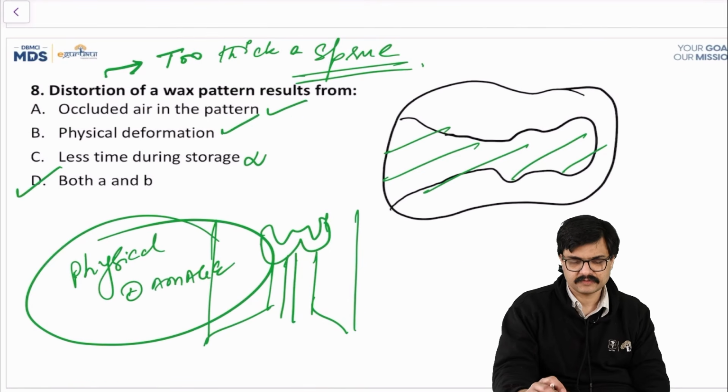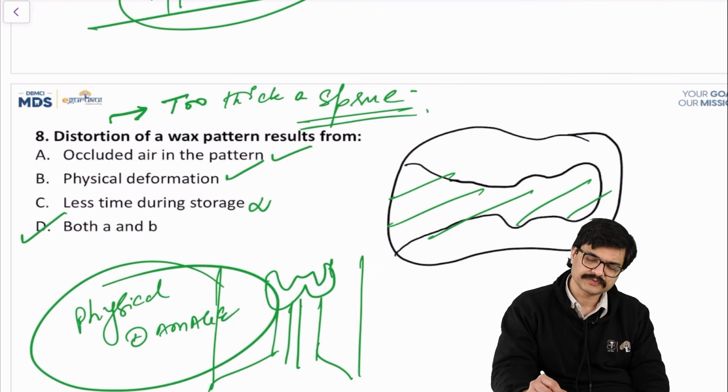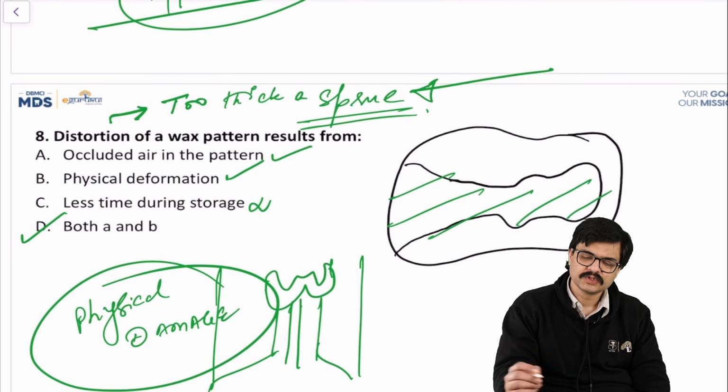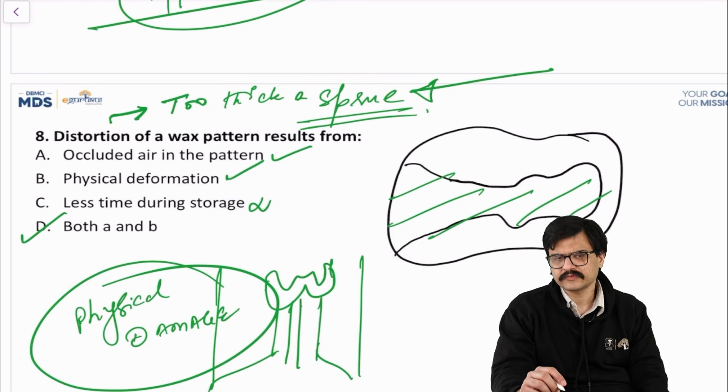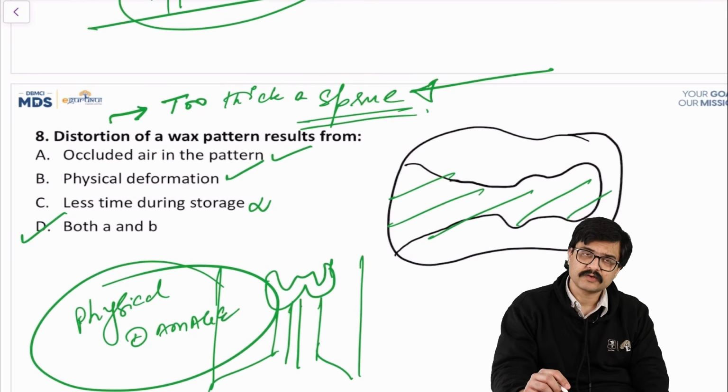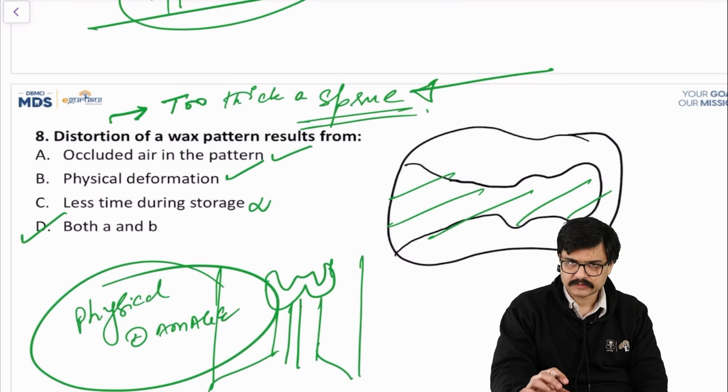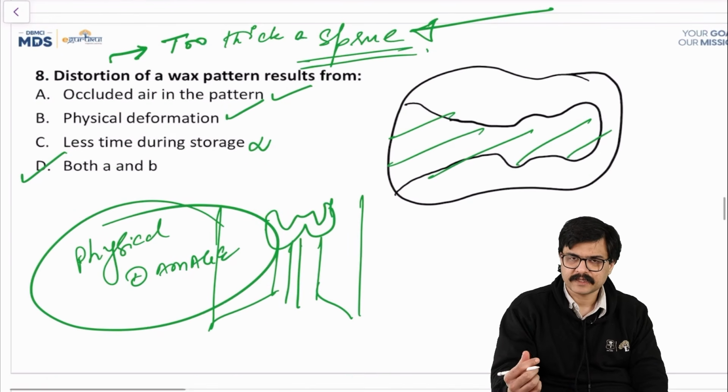And obviously, an applied question is if you have another option of too thick a sprue, that can cause distortion of the wax pattern. What is the other option also? The other option that can cause distortion of a wax pattern, guys, is during cooling of a wax pattern. So you're making a wax pattern by melting the wax, right?